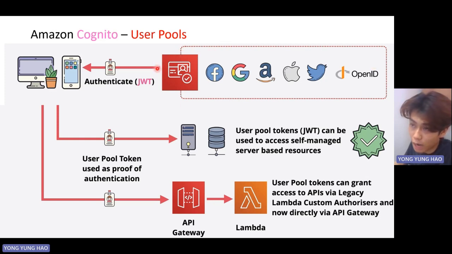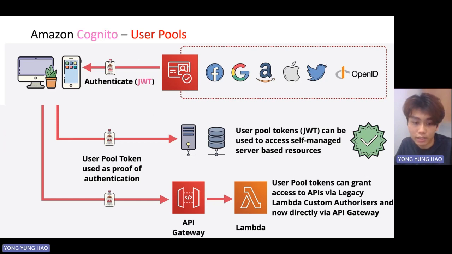As mentioned, it will output a JWT token, a user pool token, and our device uses the user pool token as proof of authentication to this server, and this server can access the server-based resources. We also mentioned that this JWT token can be used to access the AWS API Gateway service and Lambda via a legacy approach. But we most likely use the identity pool for AWS services.